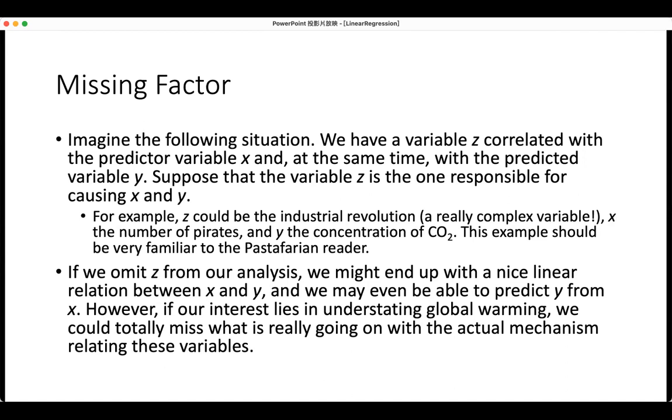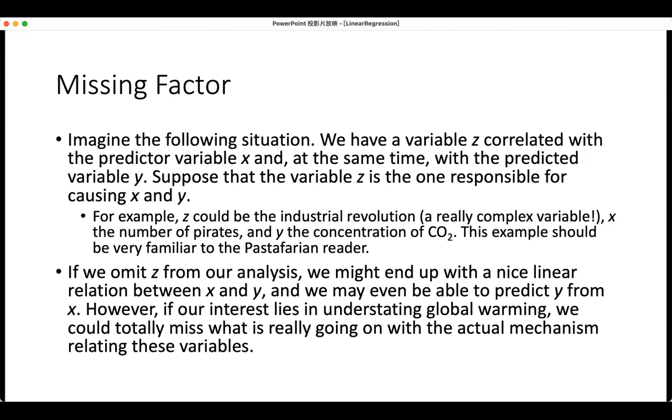it'll be difficult. For example, remember the figure I showed you, Nicolas Cage movies versus the number of people drowned in the water. They have correlation, but it's difficult to explain the inner working mechanisms between these two, right? Similarly, this is the reason we omit Z in our analysis.